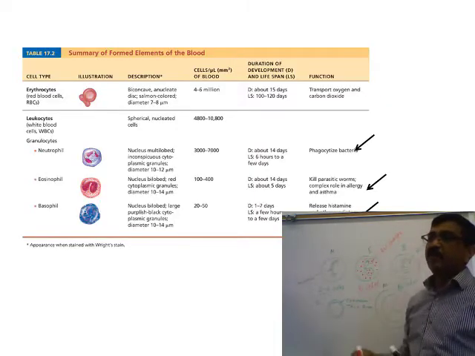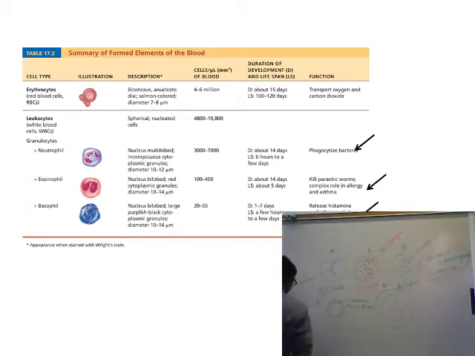Histamine causes allergic reactions. That's why we take antihistamine, the medicine, to inactivate histamine. Histamine has other actions too, like vasodilation, but just know that histamine is responsible for the allergic reaction in the body. So those two important chemicals are produced by basophil.